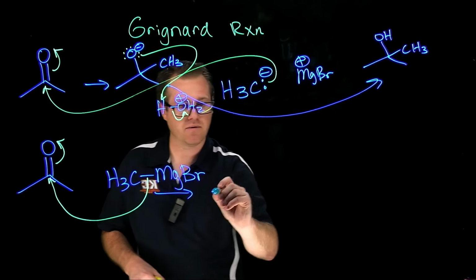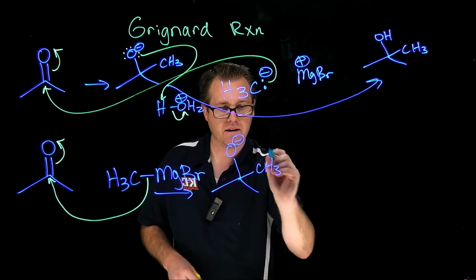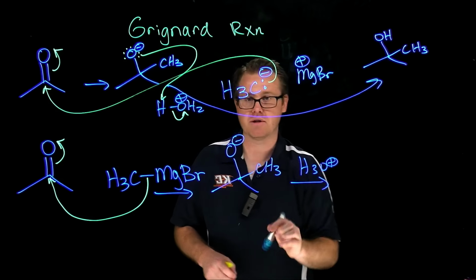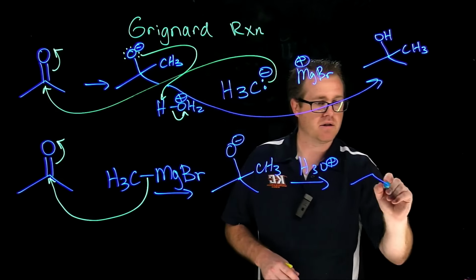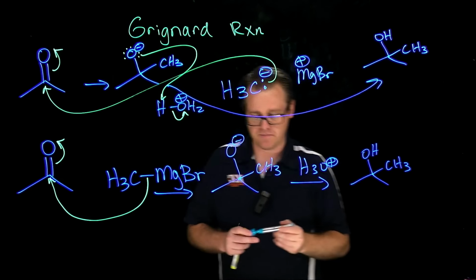And so that would form the same intermediate as above. We'll form our alkoxide. And then we would just do our acidic workup, just the same as above, to form our tertiary alcohol.